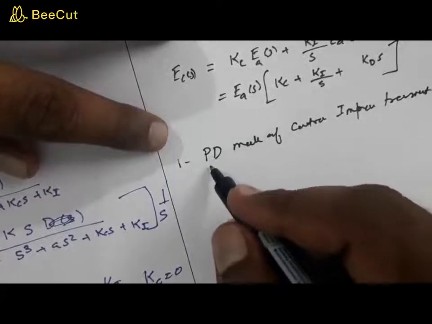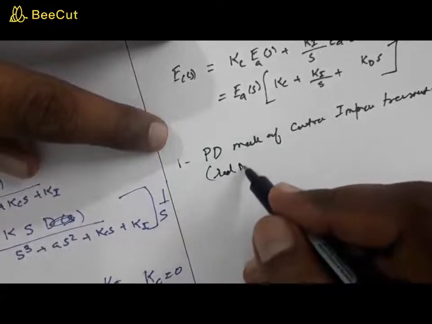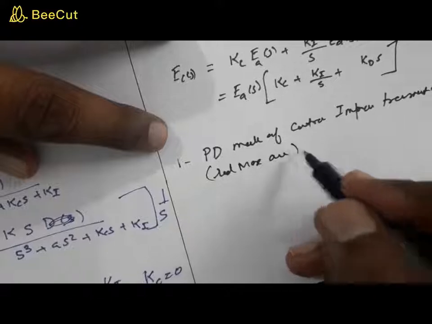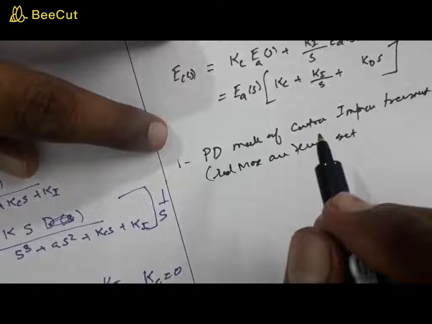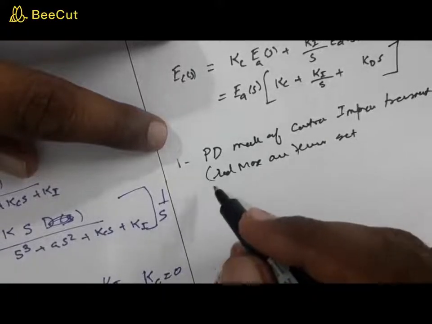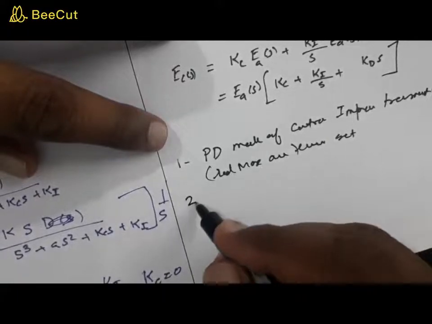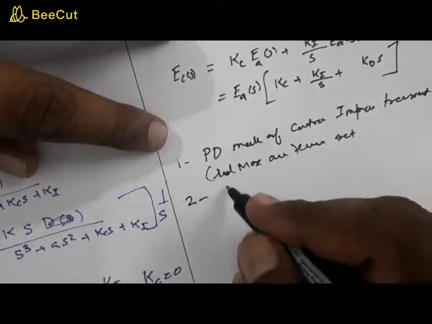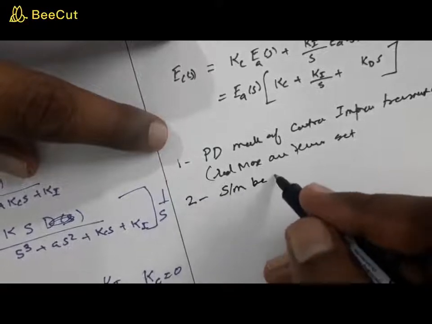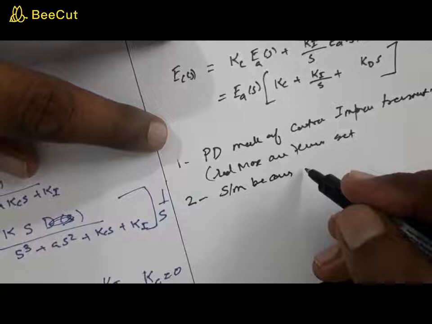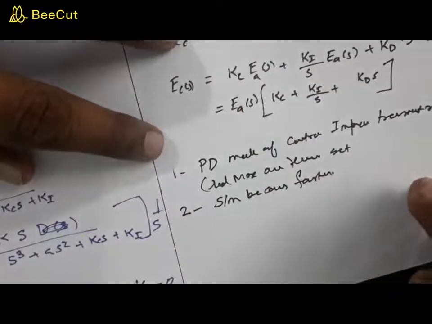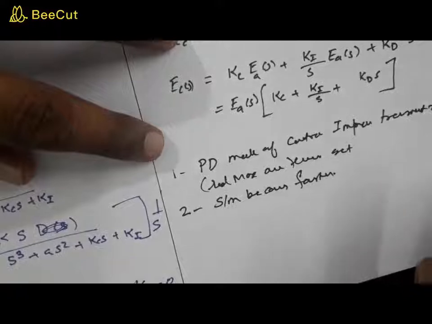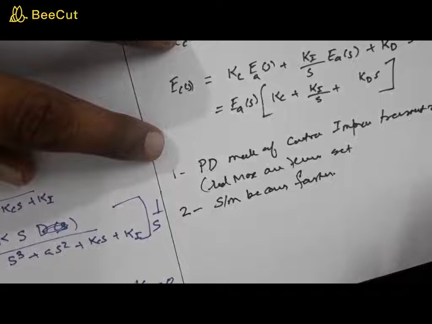That means it reduces the maximum overshoot and reduces the settling time. It is again the nature of a derivative controller. A big consequence of this is the system becomes faster. Any system, if it becomes faster, it is due to this derivative controller, because derivative always makes the system faster, thereby reducing the settling time.